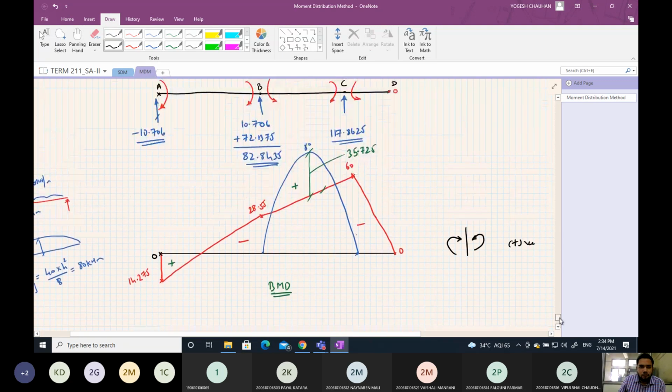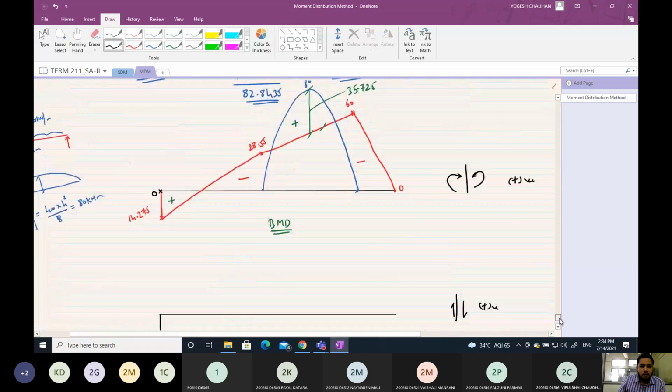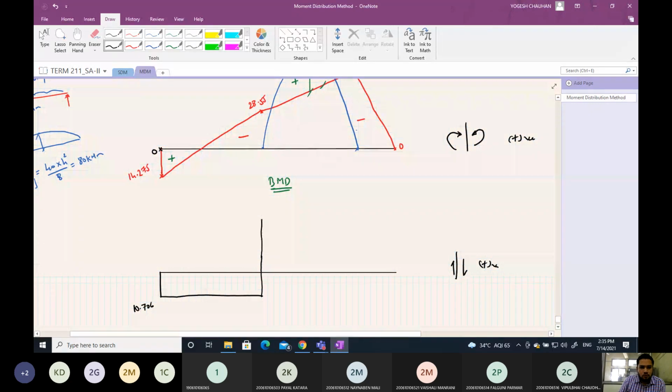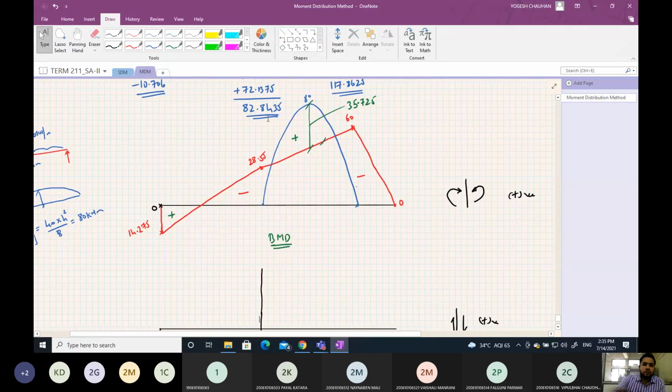As we move, there is no load, so up to the left of point A it will be constant. And as we just cross this point, there will be an upward reaction equal to 82.8435. So minus 10.706 plus 82.8435, that is 72.1375.